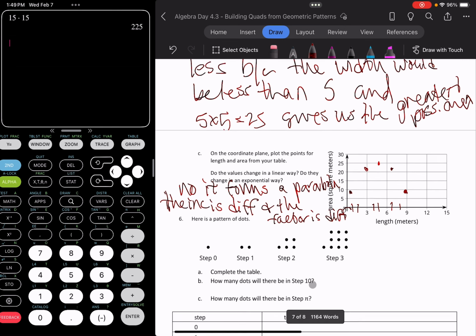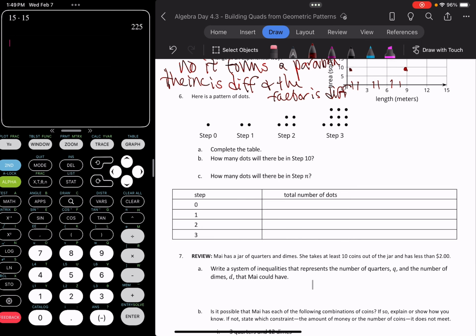All right, let's look at our pattern of dots. So complete the table. So for step 0, we have 1. Step 1, we have 2. Step 2, we have 5. Step 3, we have 10. How many dots will be there in step 10? Well, we can see here, let's look for the square pattern.